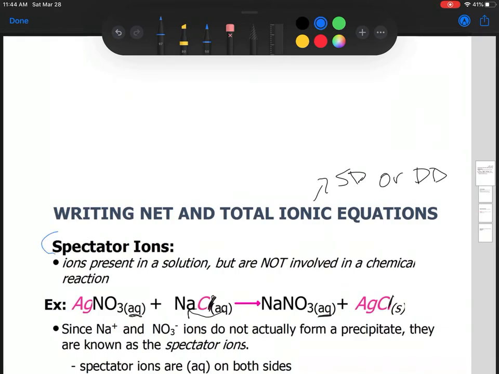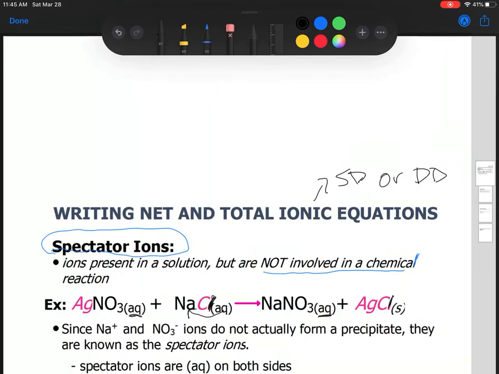So they are called spectator ions. These spectator ions are really similar to a spectator of a sporting event. They come to the event to watch, but they don't participate, right? So the spectator ions are present in the solution, but they are not involved in the chemical reaction.